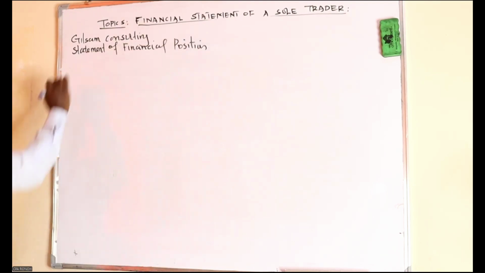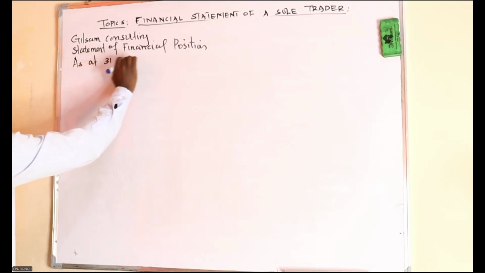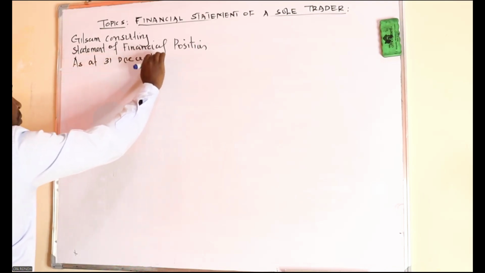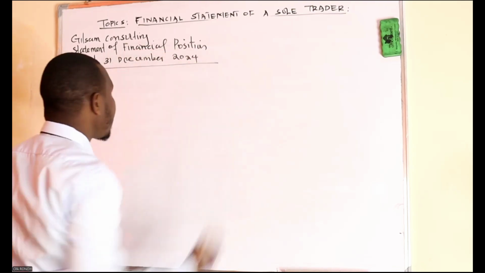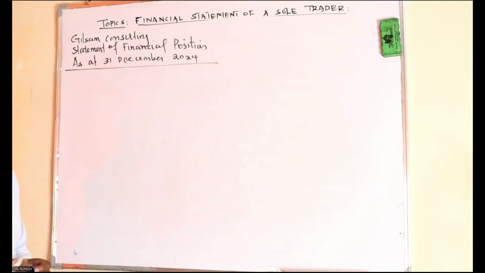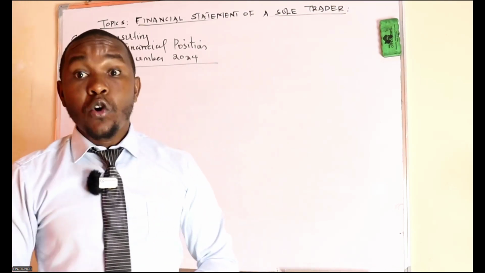For this case, we say as at 31st December 2024. Now, we start with the non-current assets. Write NCA, non-current assets.